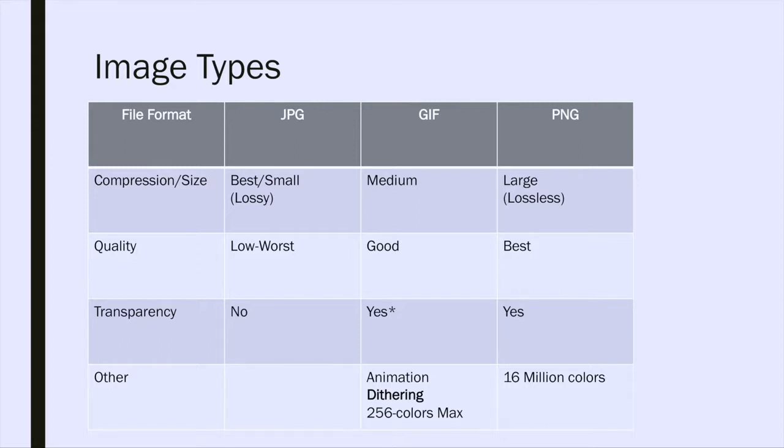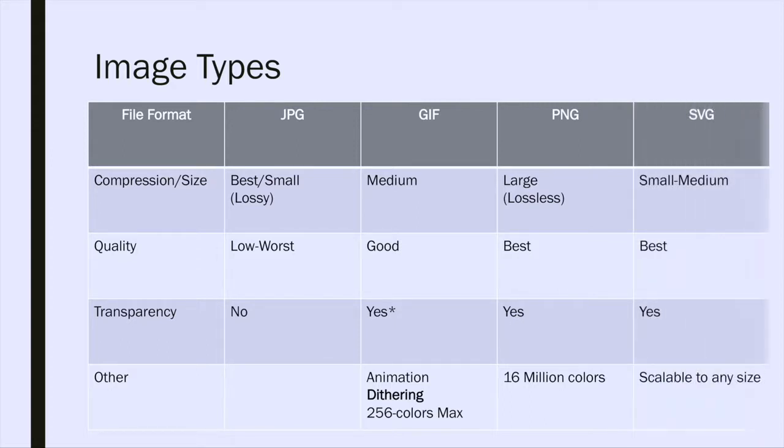On top of that, if you've ever seen what's called an SVG or Scalable Vector Graphic, this has increased in popularity over the past couple of years, and a lot of browsers do support the creation and production of SVGs. The size is small to medium depending on what you're doing with it. It is the best quality because it can be scaled to pretty much any size.